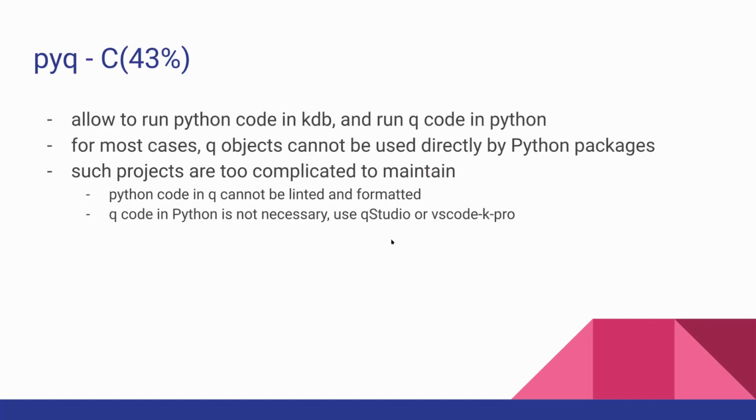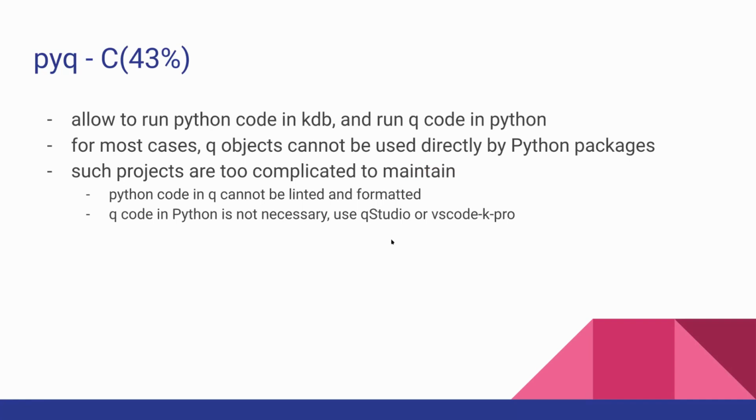And there's PyQ, which is written in C. It allows you to run Python code in KDB and also run Q code in Python. But in most cases, Q objects cannot be used directly by Python packages. You still need to convert them somehow into pandas or NumPy before you try to apply machine learning packages.